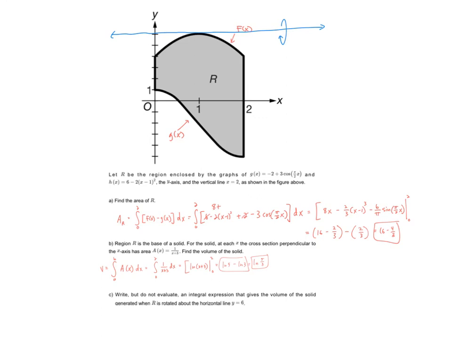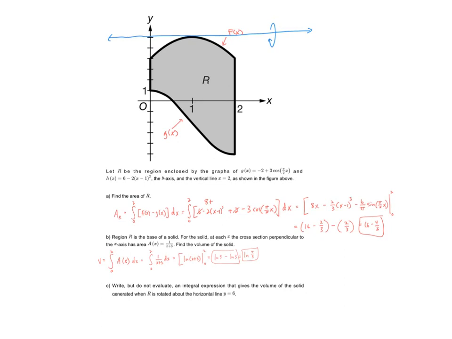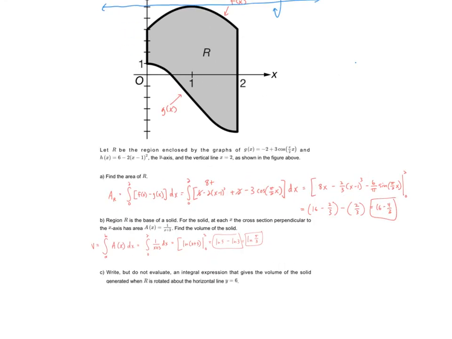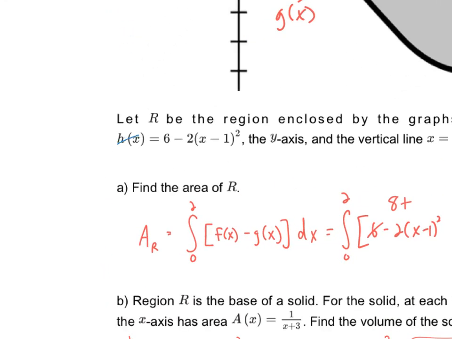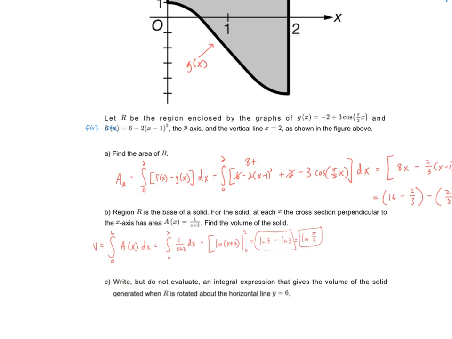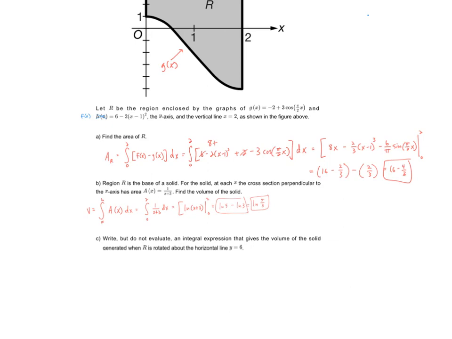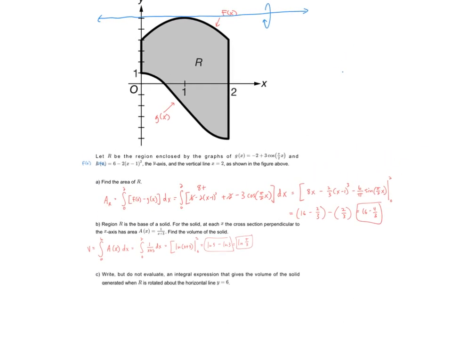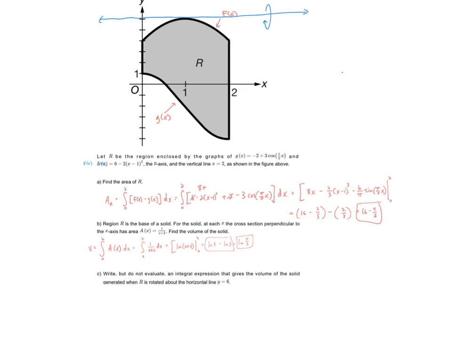I don't know why I thought that was f of x. Okay, so I'm going to keep it as f of x, just to be consistent. So now we can just use f of x and g of x in our integral. We don't have to put this in there and put this in there, which isn't a big deal, but kind of nice, maybe.